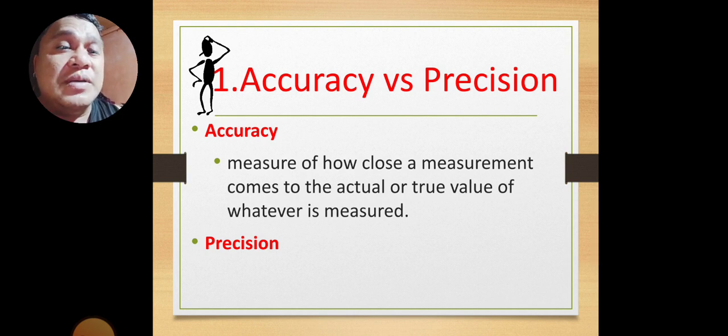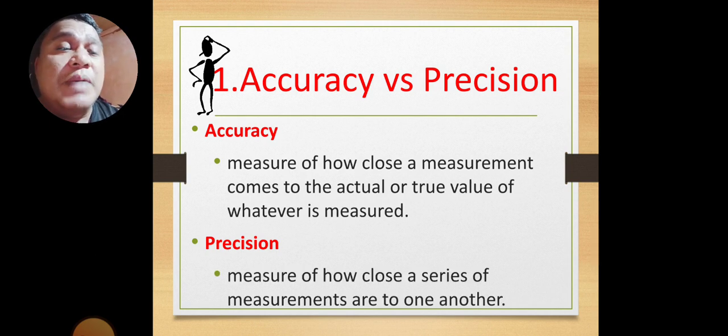And precision is a measure of how close a series of measurements are to one another. It involves a lot of trials because when you say closeness, you have to refer your first reading to the second reading and to the third reading, or trial 1, 2, 3, and so on.